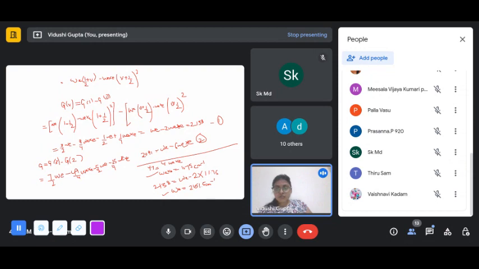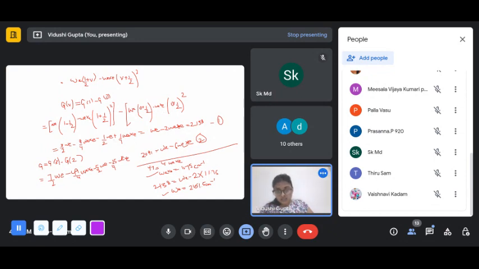(1 plus half) minus omega e x e (1 plus half) whole square, minus, then v will be 0: omega e (0 plus half) minus omega e x e (0 plus half) whole square. So from here it will be 3 by 2 omega e minus 9 by 4 omega e x e minus half omega e, and here the minus minus will be plus 1 by 4 omega e x e.